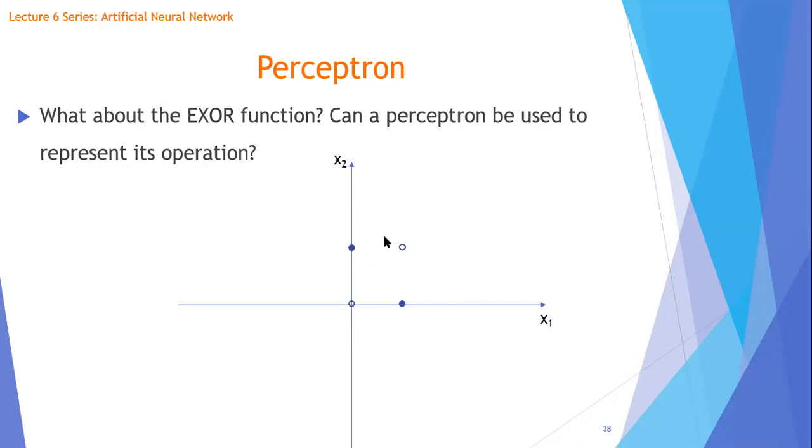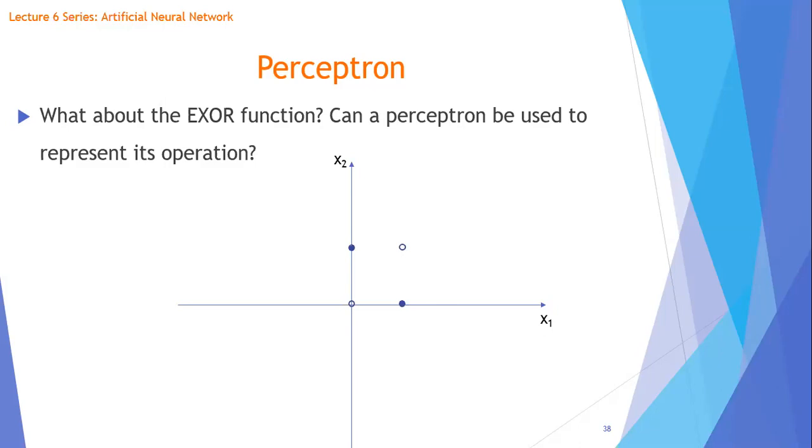Yep, like this here. Everything above the decision boundary would be class 1, everything below the decision boundary would be class 0. So you can clearly see here we can't draw a straight line to do that. It means the perceptron cannot be used to replicate the XOR function.